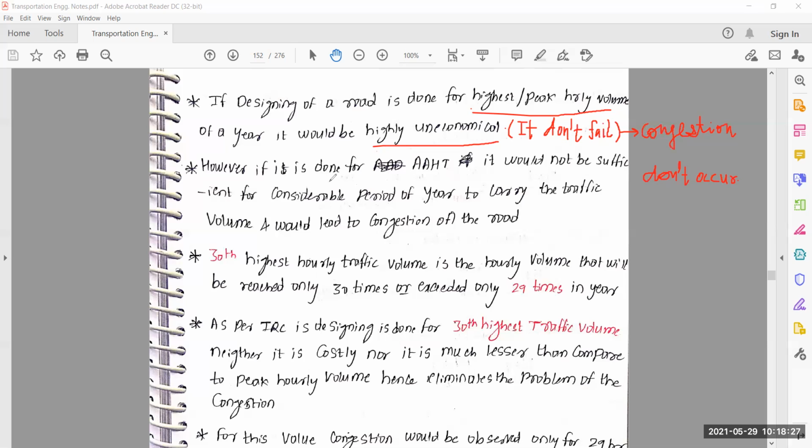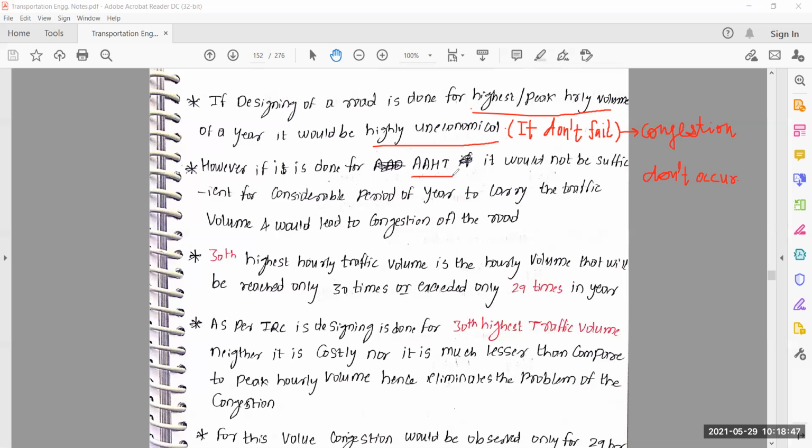However, if it's done for annual average hourly traffic, and we have already discussed that annual average hourly traffic is the traffic volume throughout the year divided by 365 into 24, and its unit is vehicles per hour.